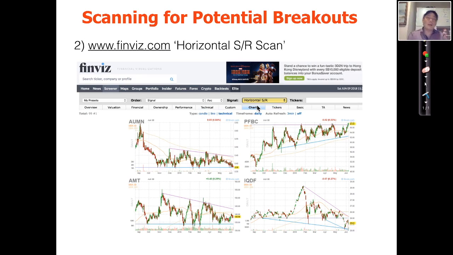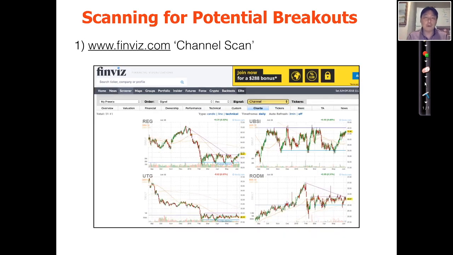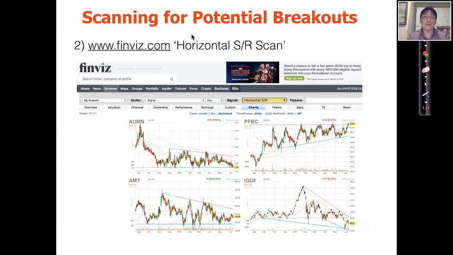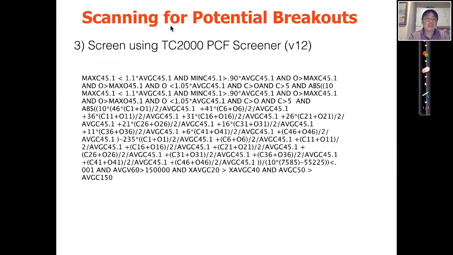So again, all you really need are the first two approaches: the channel scan on Finviz, and the horizontal support and resistance scan. Now, if you want to look for more setups, which personally I don't do because the first two give me all that I need, you can use the TC2000 PCF screener. TC2000 is a charting software that you can purchase.